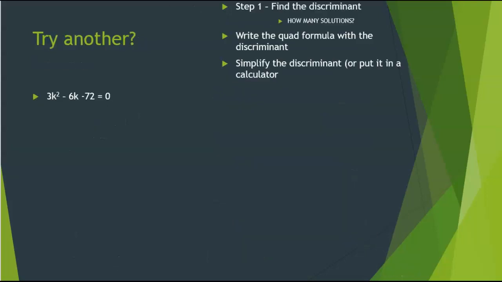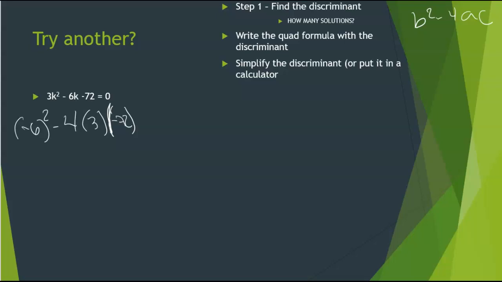Let's try another one. Step 1, find the discriminant: b squared minus 4ac. That should be okay. b is negative 6, a is 3, c is negative 72. I'm going to put all this in a calculator. Let's see if I can get a number.